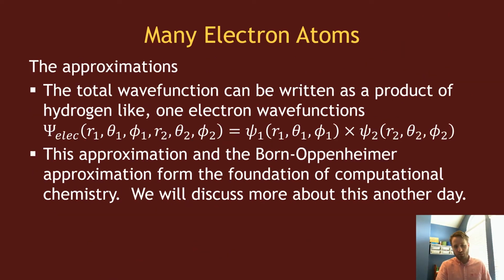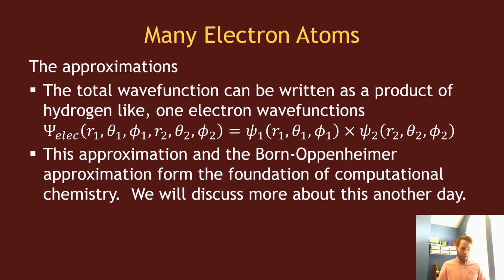The approximation that's typically done for many-electron systems is that we assume our wave functions look kind of like hydrogen atom wave functions. The orbitals look like s, p, and d orbitals, as they would for one-electron systems, and our total wave function is just a product of these one-electron wave functions.